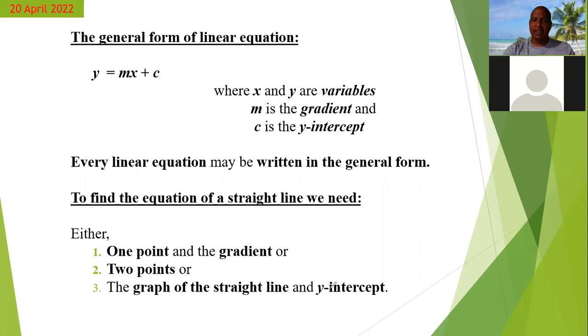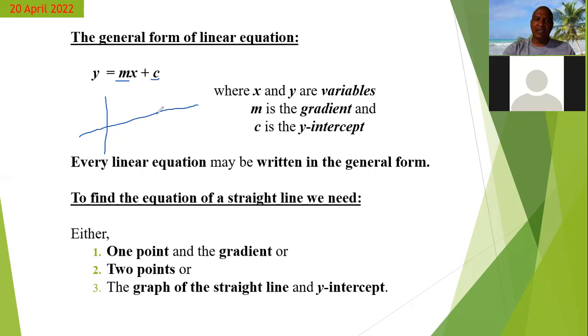Now, I was explaining to you how we go about using the line on the graph to find the equation. Once more, if you have a straight line on a graph, to find the equation of the line you need to know the gradient of the line, and you need to know the y-intercept.